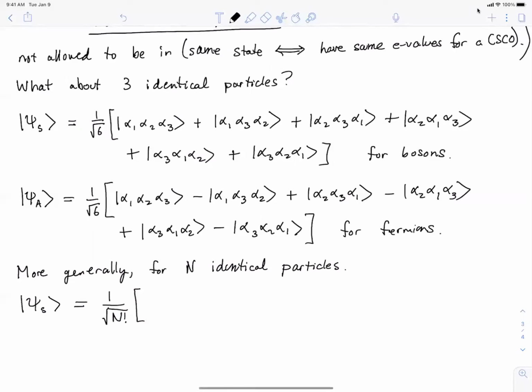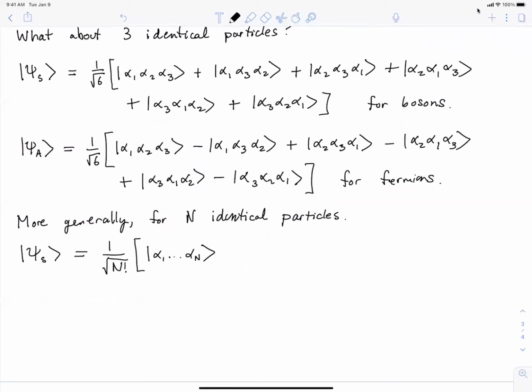And the reason for that is if I start off with one particular set of labels, and then ask how many different kets can I write down that have exactly those set of labels, but permuted in every possible way, there will be n factorial of them total. And so I'm going to write here plus every possible permutation. And there are n factorial total of them, just counting what they are.